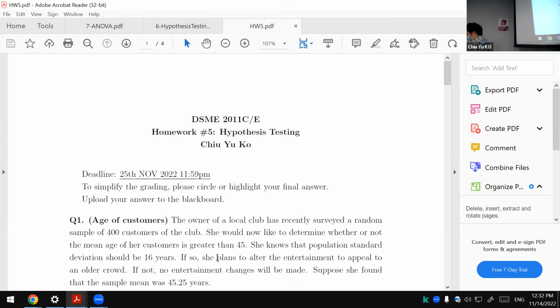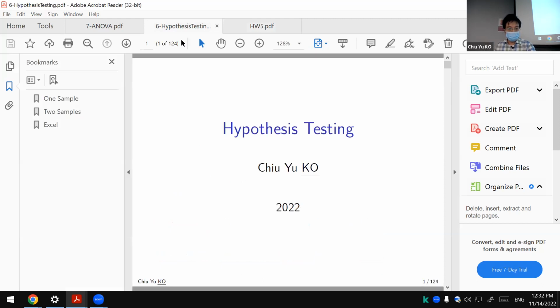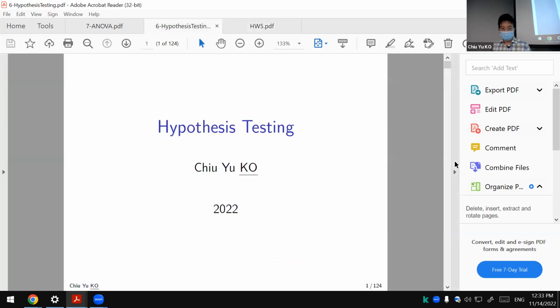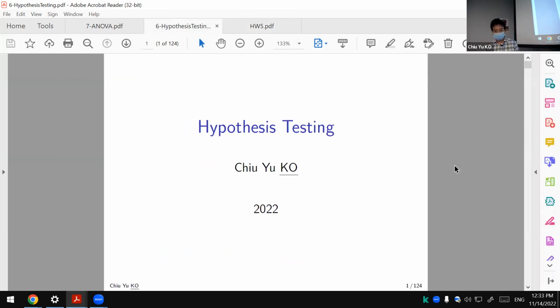about the add-in and F-test in Excel, so that we know all the details you need to do. Today the goal is to finish hypothesis testing and the Excel part, and then we will continue on ANOVA.